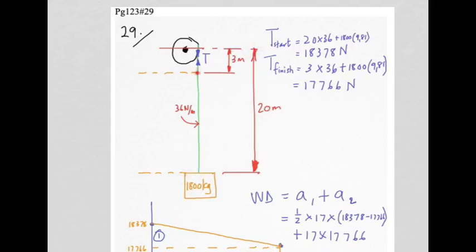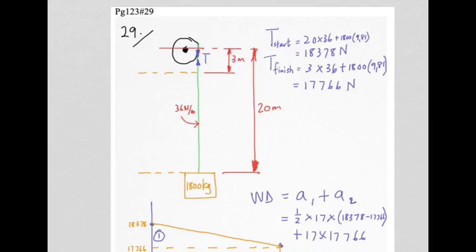And it goes up to this level, which is 3 meters below. So essentially it's going to travel 17 meters vertically. And finally, the weight of the cable is 36 newtons per meter. Every meter, if you were to cut off 1 meter and lay it on a scale, it would have a weight of 36 newtons.